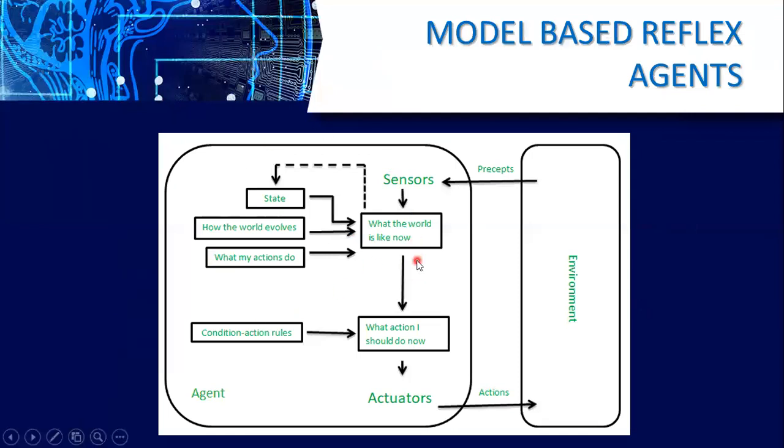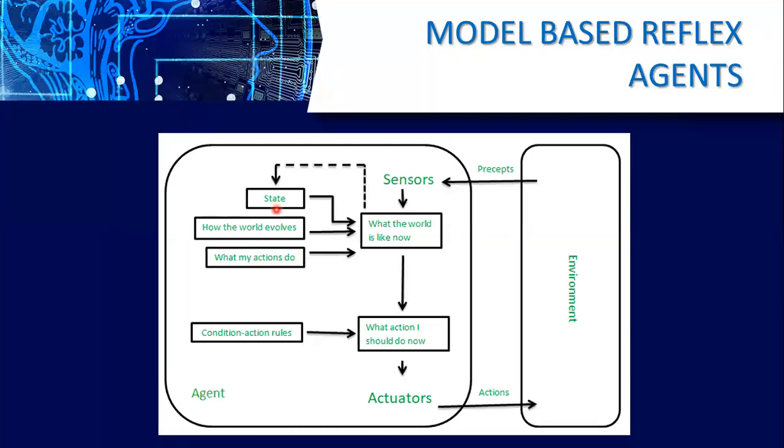Now, this is the same diagram we saw for simple reflex agents, with some modification. Through sensors, we get the percepts from the environment. Here you have the condition-action rules, but along with that you have the state and how the world evolves, and what my actions do.